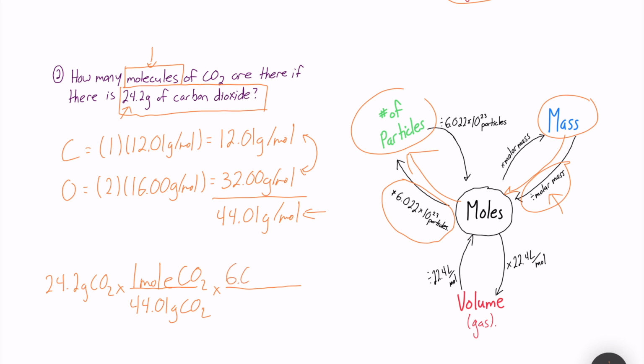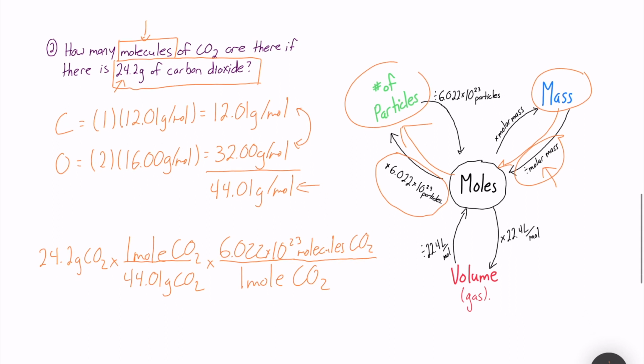So we have 6.022 times 10 to the 23, and that is molecules of CO2. And on the bottom, for every 6.022 times 10 to the 23 molecules of CO2, we have 1 mole of CO2. I'll just extend that line a little bit.